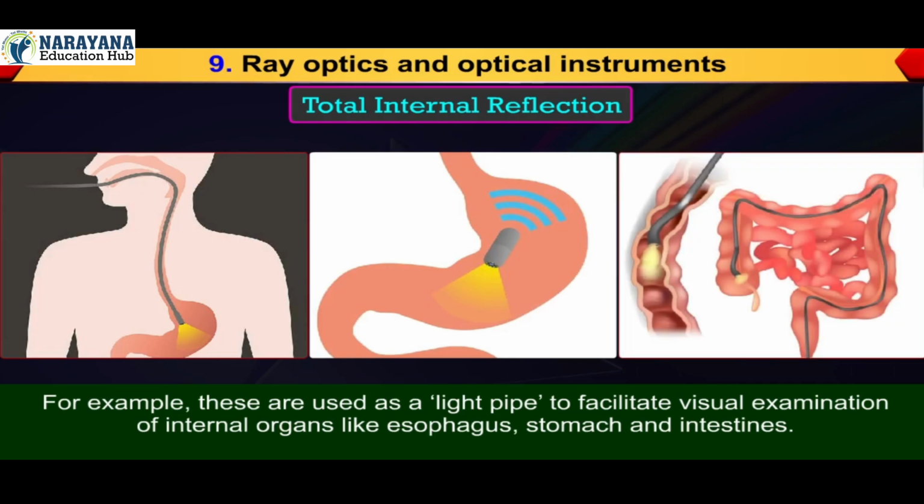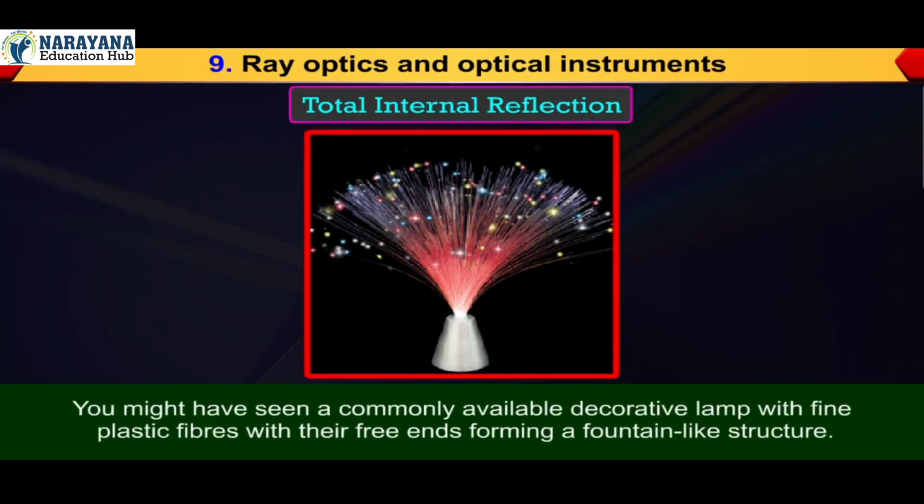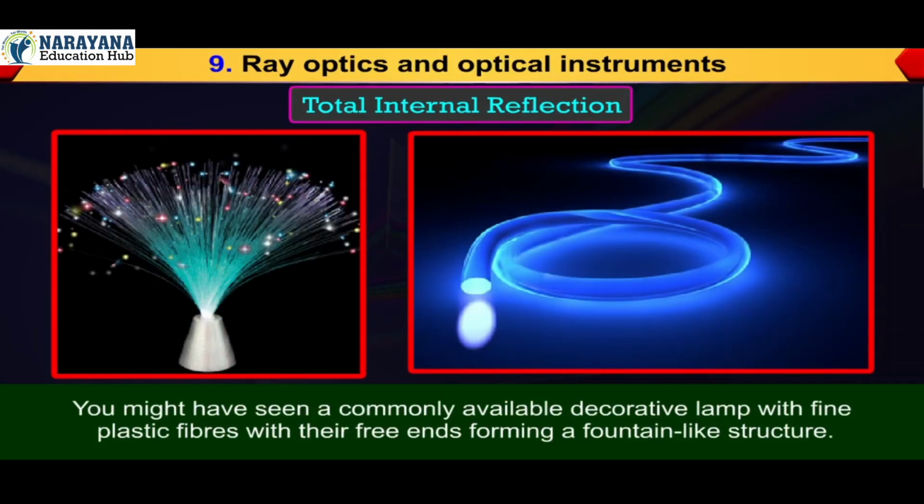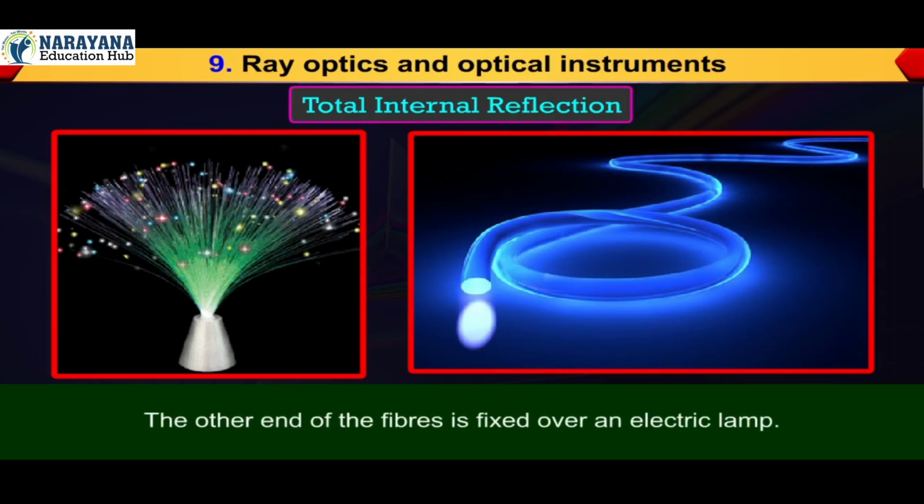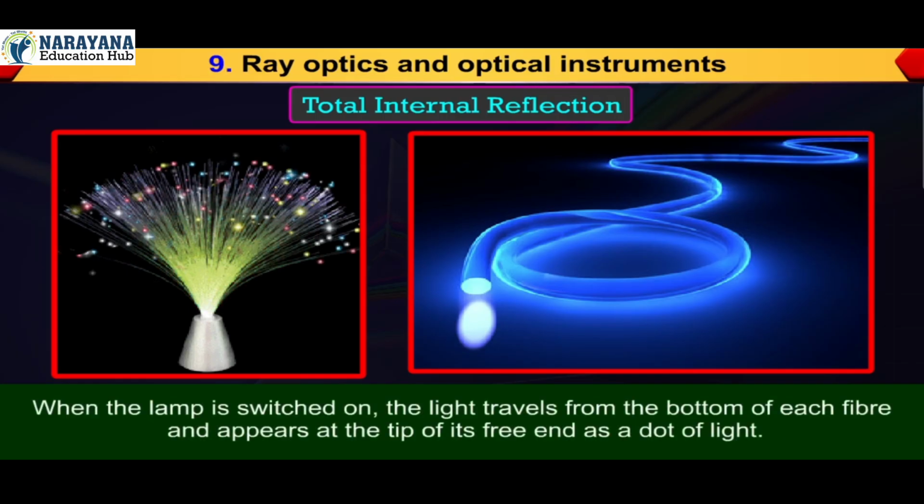and intestines. You might have seen a commonly available decorative lamp with fine plastic fibers with their free ends forming a fountain-like structure. The other end of the fibers is fixed over an electric lamp. When the lamp is switched on, the light travels from the bottom of each fiber and appears at the tip of its free end as a dot of light.